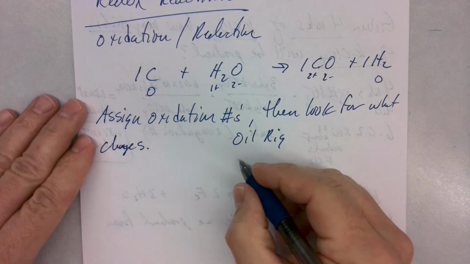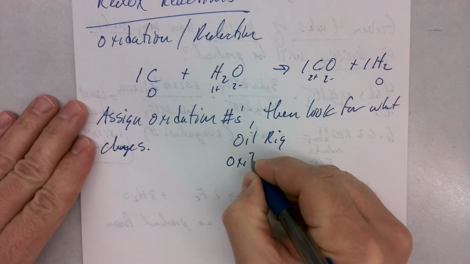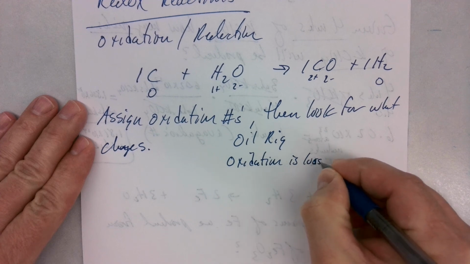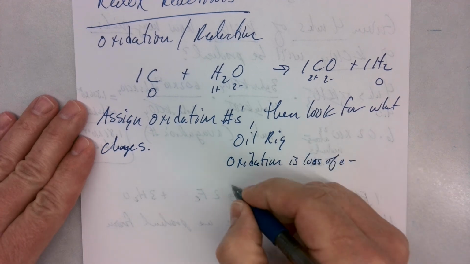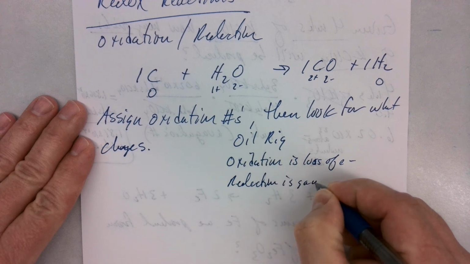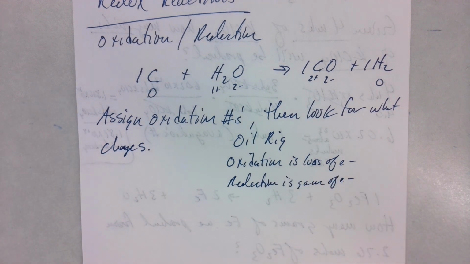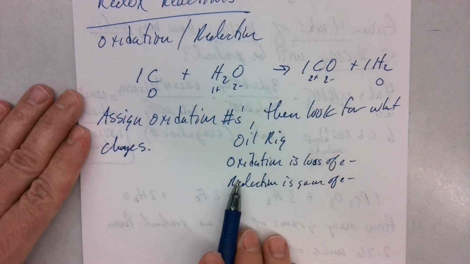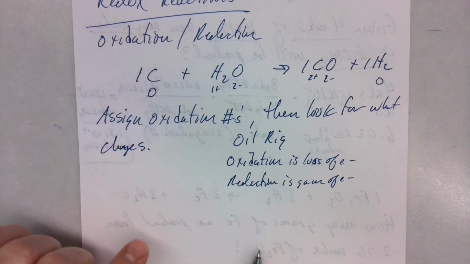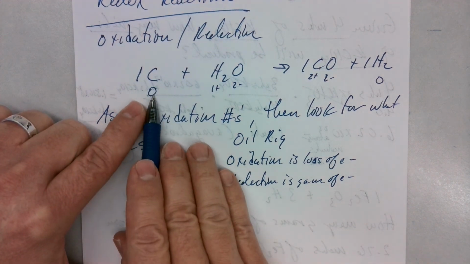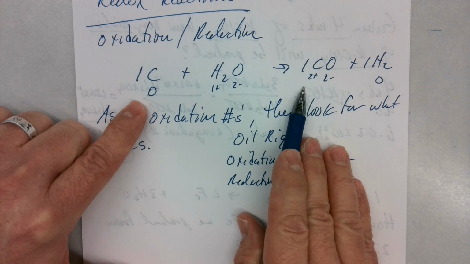Okay? Now, what it stands for is oxidation is loss of electrons. Reduction is gain of electrons. Okay? So I go and look at these numbers and figure out, did they gain or did they lose? So carbon went from a 0 to a 2 positive.